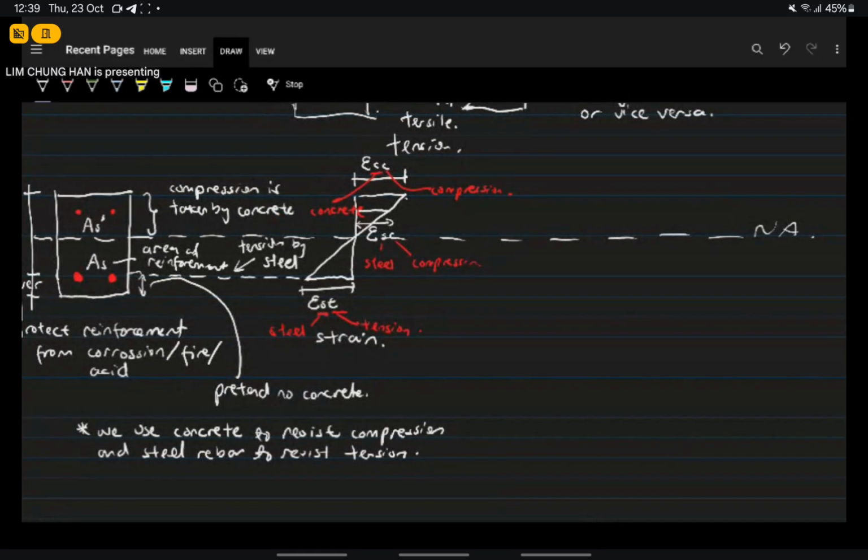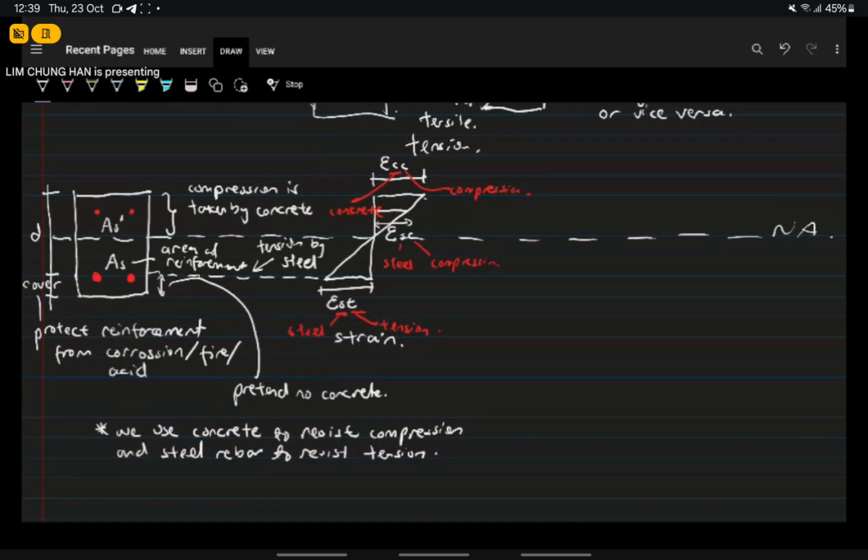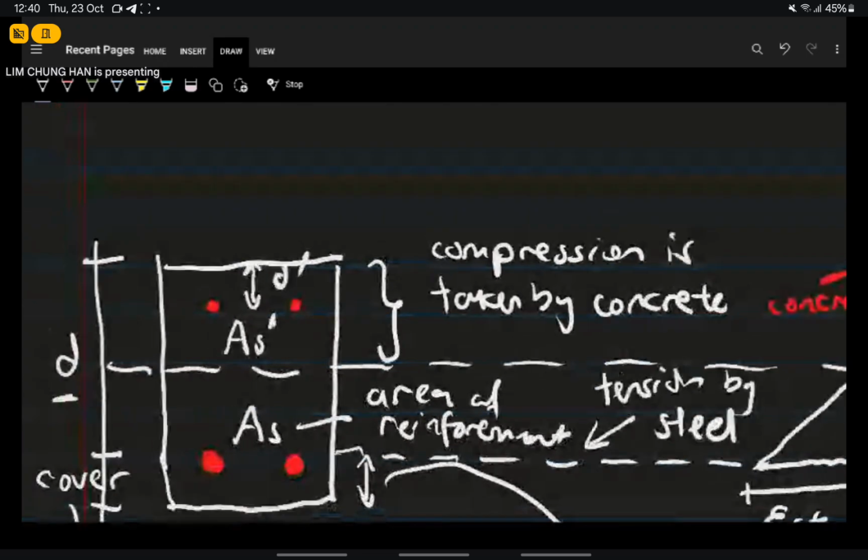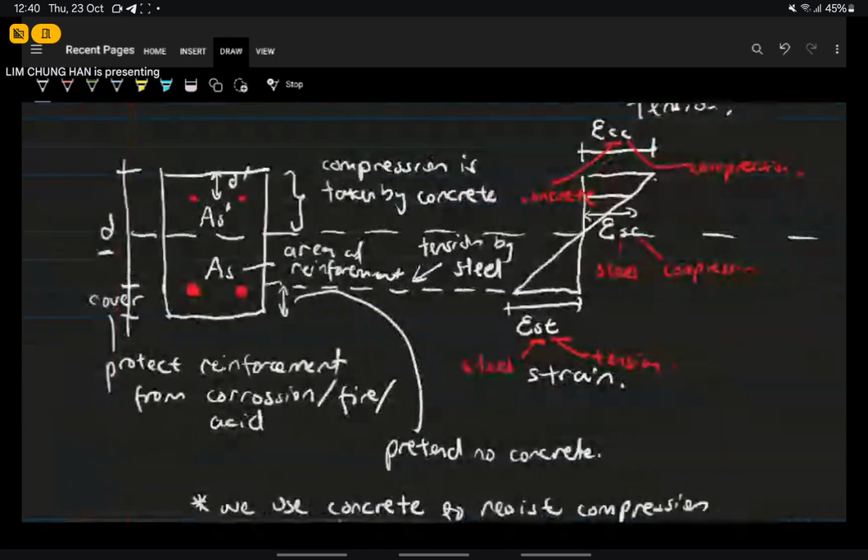Okay, so the height of the AS dash, of the compression steel, is D dash. So we have two Ds. We have a D here, and then we have a D dash there for the AS dash.